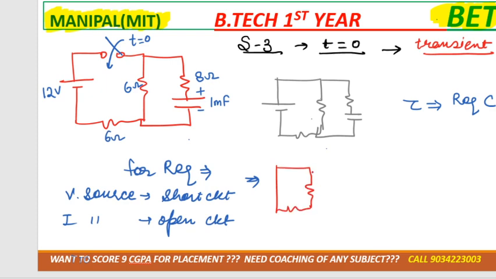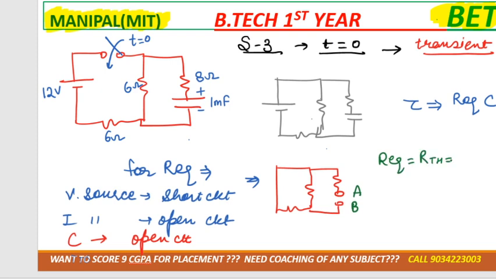Resistor as it is, correct. And here what we need to do is open circuit the capacitor also. If there is a capacitor, open circuit it, and from those terminals only we need to calculate R equivalent. As I told you in Thevenin, what we calculated was RTH, that is equal to RAB, right? Same method. 8, 6, 6.